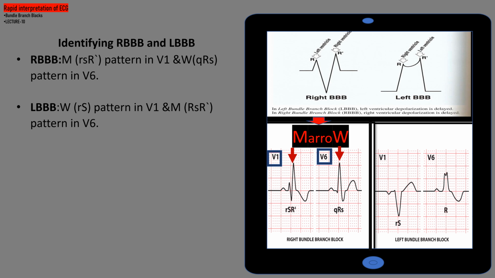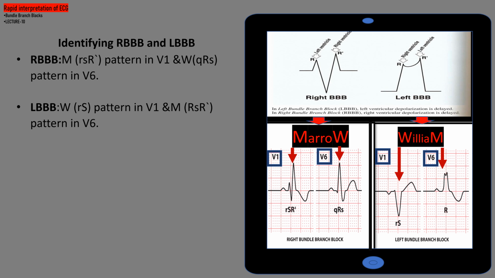A useful mnemonic to remember this pattern is MaRRoW. In a right bundle branch block, the QRS complex in lead V1 resembles an M, while in lead V6, it looks like a W.